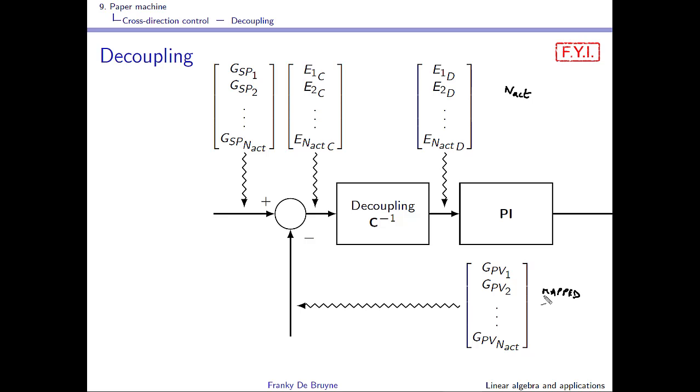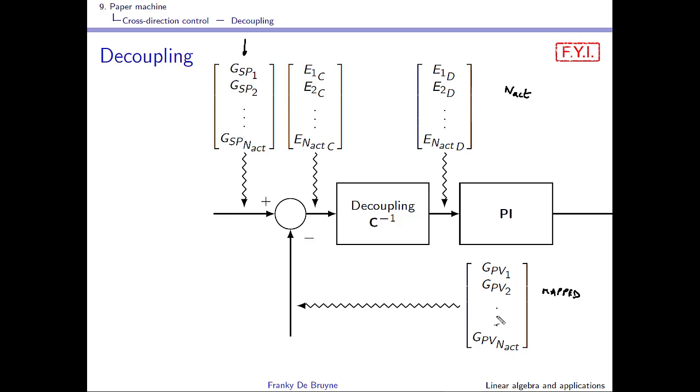As usual in control, you need also a set point. Here is this set point. Of course, it is also a set point profile, so you need a set point for every actuator. We can stack that in vectors, and this is the grammage set point vector, this is the grammage process value vector.